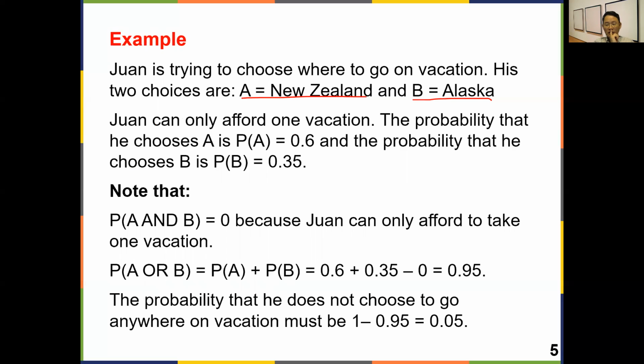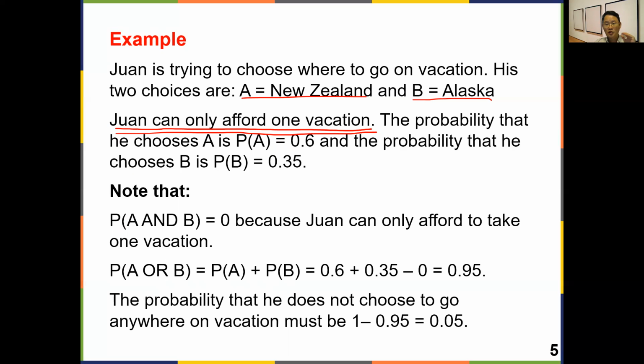What does that really mean? Maybe it means he's not super rich. However, this means he is not going to go to New Zealand and Alaska at the same time. He can go to either Alaska or New Zealand, one of them.